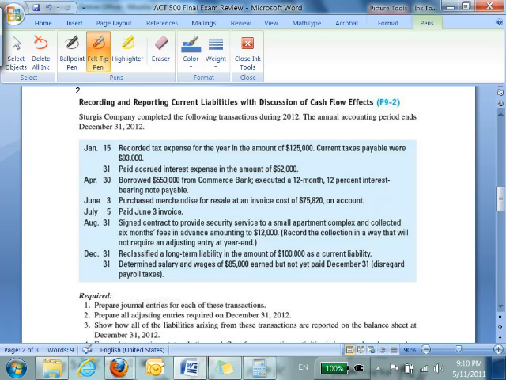December 31st, reclassified a long-term liability in the amount of $100,000 as a current liability. December 31st, determined the salary and wage of $85,000 earned but not yet paid. December 31st, disregard payroll taxes. So required, first, prepare journal entries for each of these transactions.